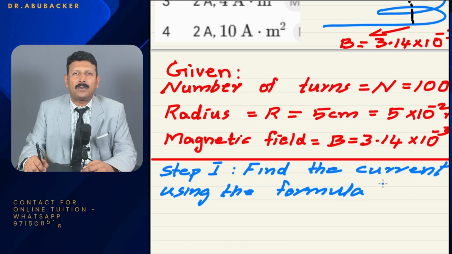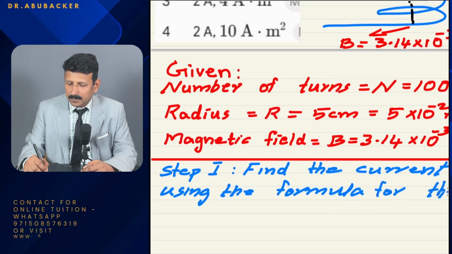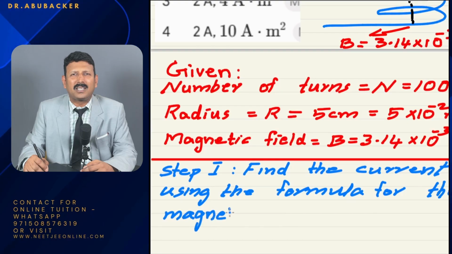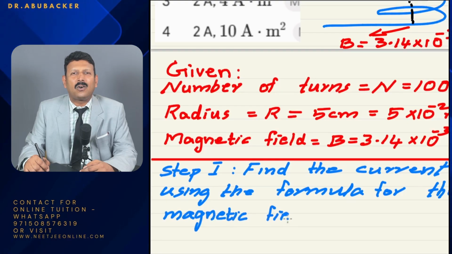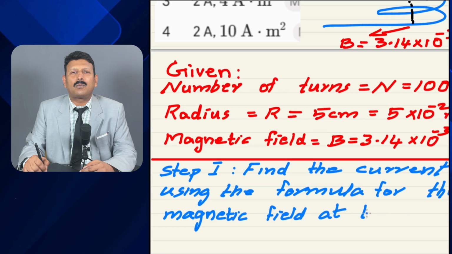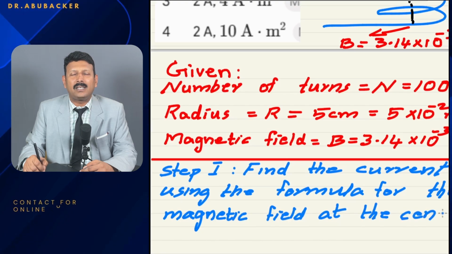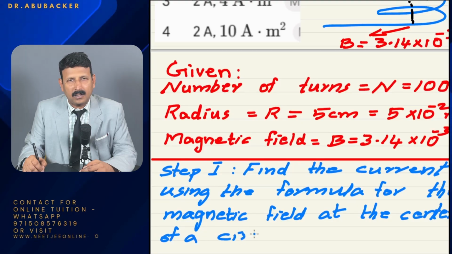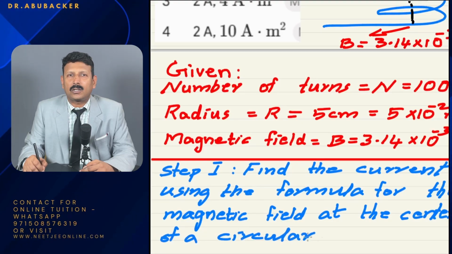Which formula do we know? Self-inductance or mutual inductance? Of course, self-inductance, because there is only one coil, right? So find the current using the formula for the magnetic field at the center of a coil. So the magnetic field equation, okay?